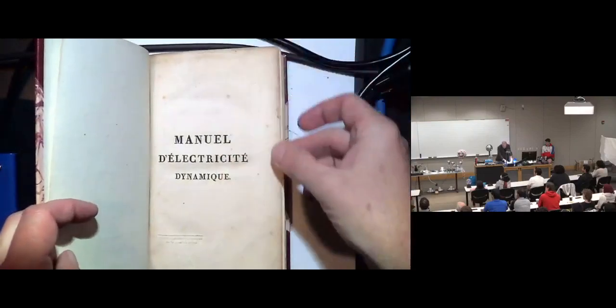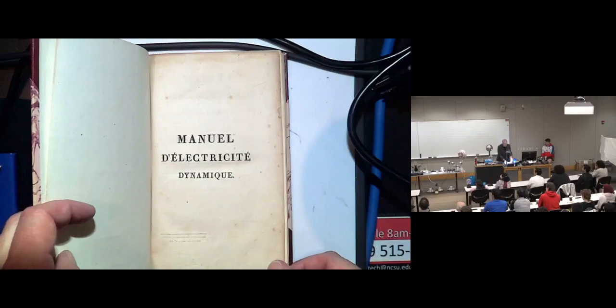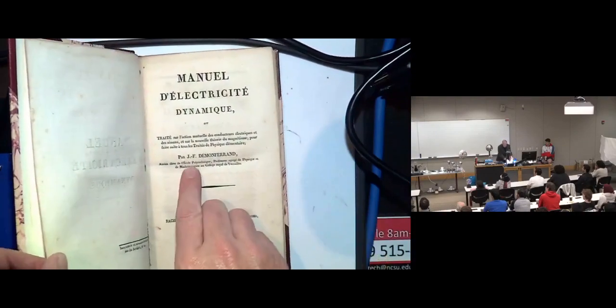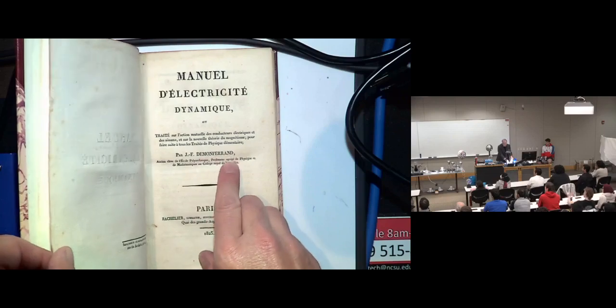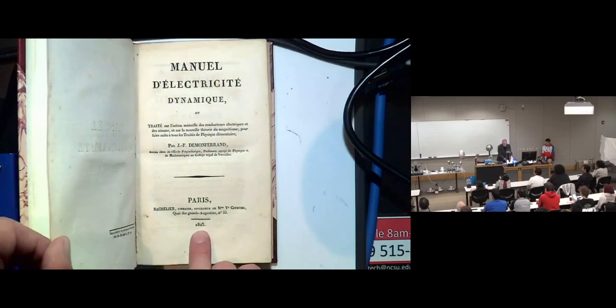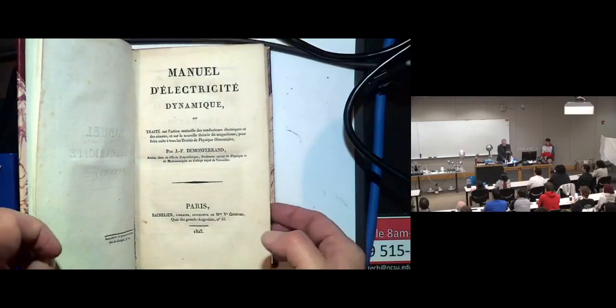I bought myself a birthday present this year. Let's see if we can zoom out. So this is, if I can get a focus, I'm not a French person, Manuel d'électrique dynamique, by Ferrand, that's not how you pronounce it, but he's French. And he wrote the very first book in 1823 on electrodynamics.